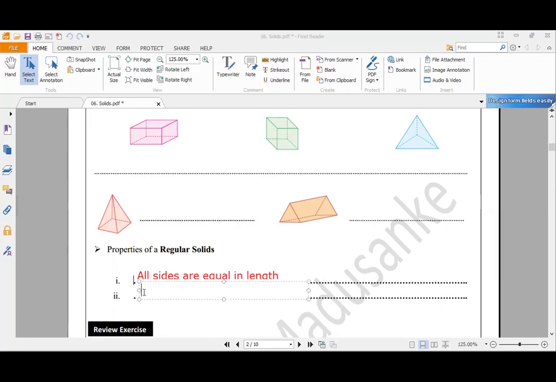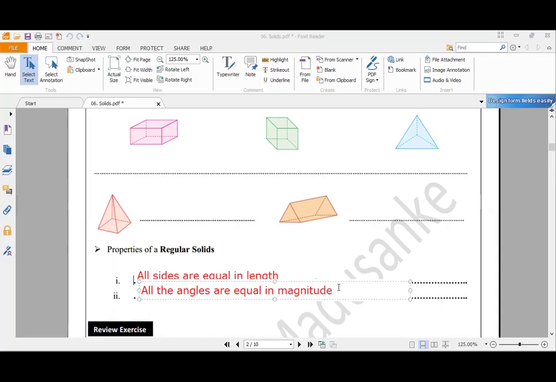And the other one is all the angles are equal in magnitude. Just for your knowledge, please remember these.